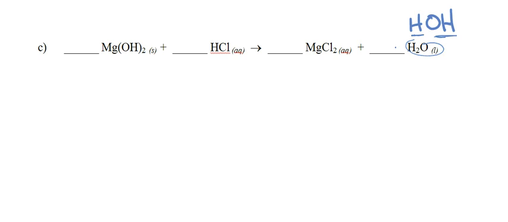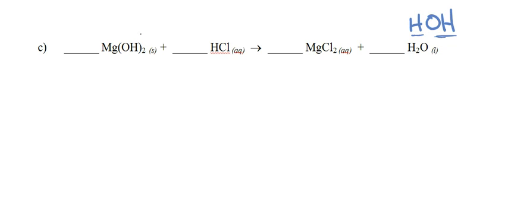And what's really cool about double replacement reactions, if you look at one, these are the easiest kind to balance because we have polyatomics that haven't changed. Or at least we have one polyatomic that hasn't changed.